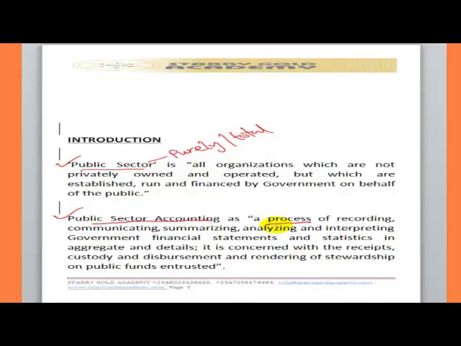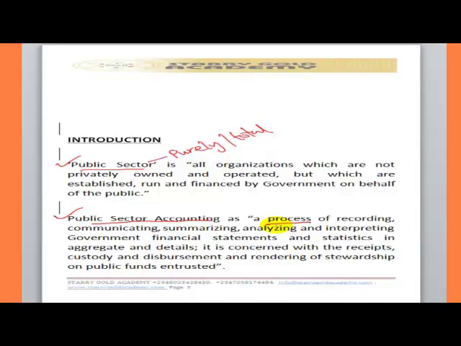Another field of study sees public sector accounting as a study of how records of income, expenditure and other related financial information or transactions of an individual, corporate organization and government are kept.